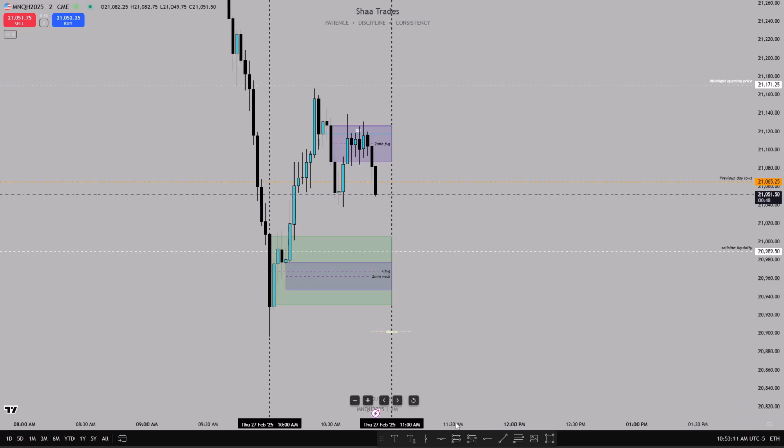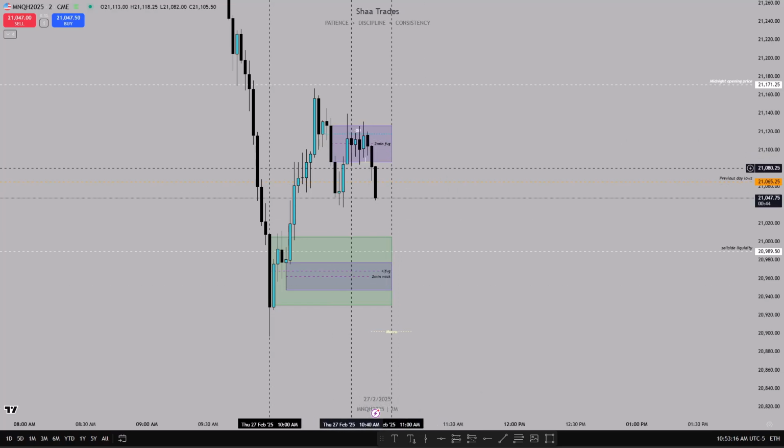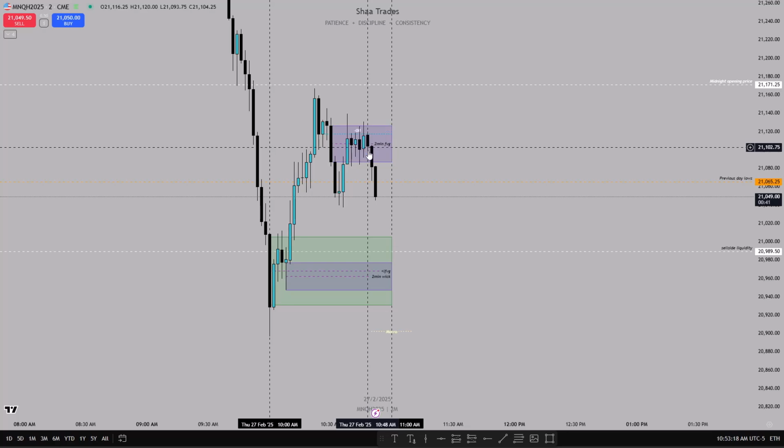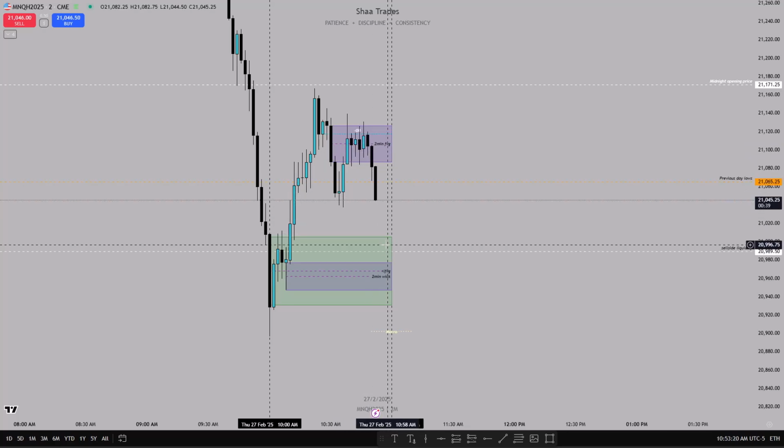All right, so I'm going to mute again and see what price does here. I'm looking for this to become inverted, so anything lower, not interested.